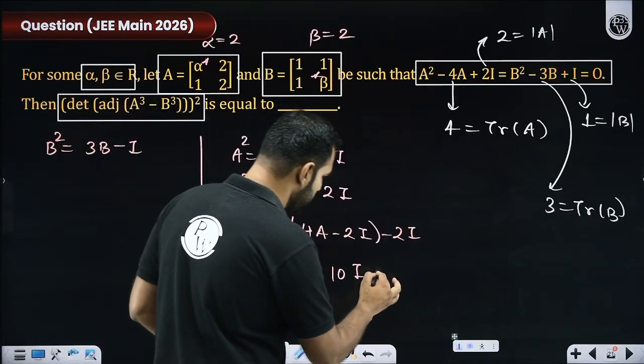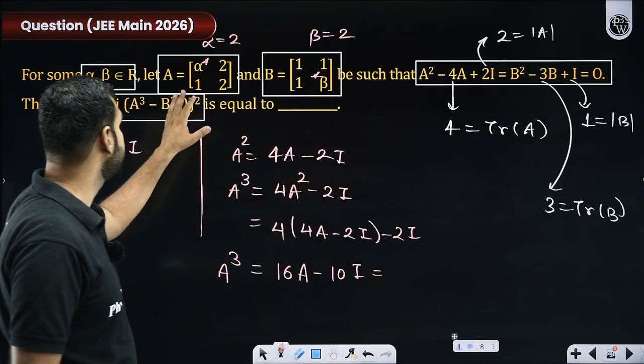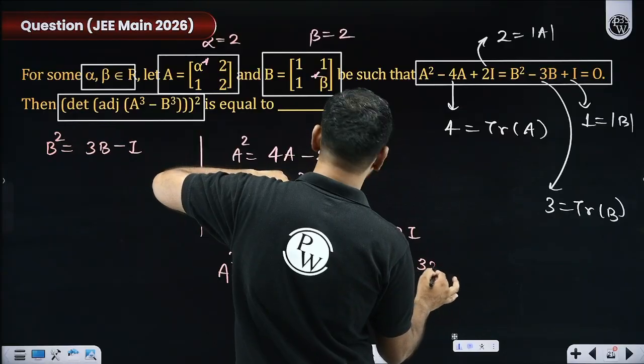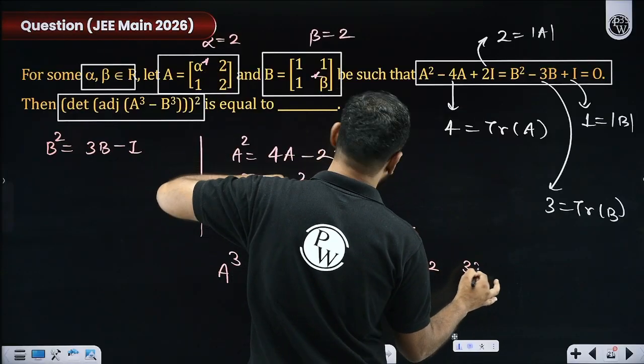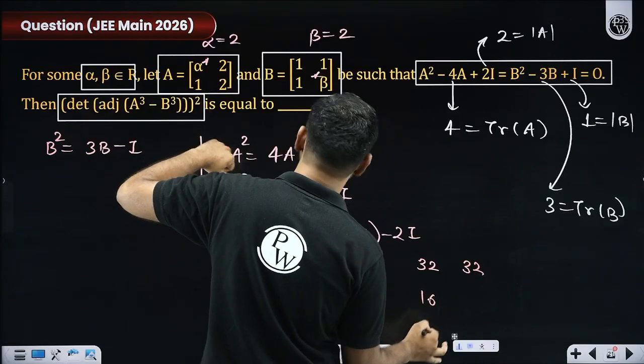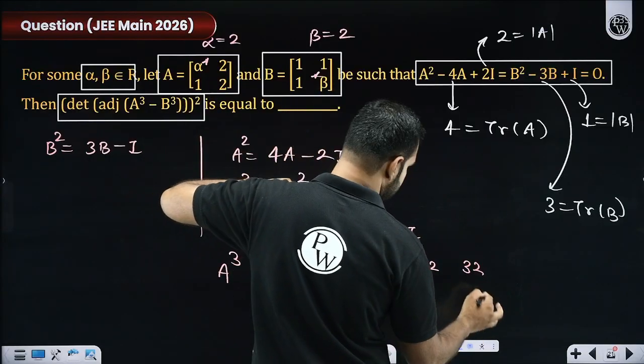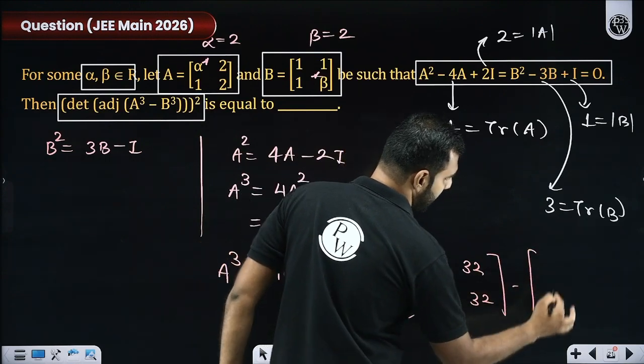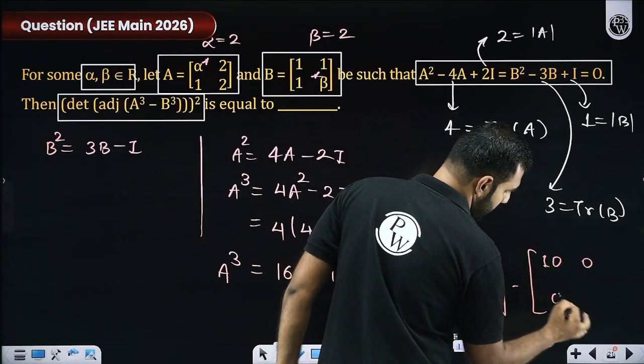So a cube is going to be 16a minus 10i. If I multiply a by 16, 16 into 2, 32, 16 into 1, 16, 16 into 2, again 32. And 10i, I hope you remember, is 10, 0, 0, 10.